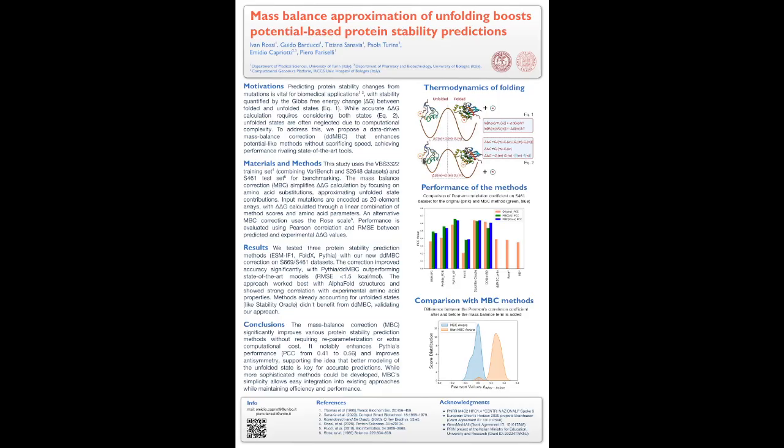The results for these 48 methods are shown in figure 3, where basically all the methods which are not mass balance aware get substantial improvement, even sometimes close to 20% more in Pearson correlation coefficient.